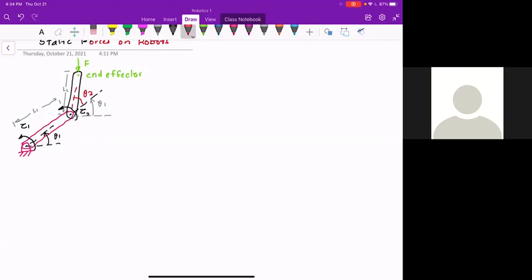If you were to look at the conceptual kinematic diagram, it is going to look something like this.